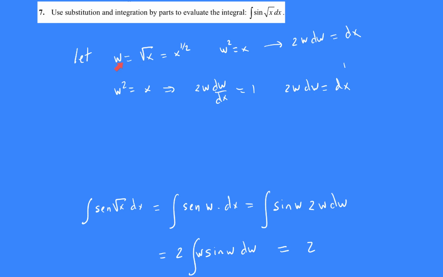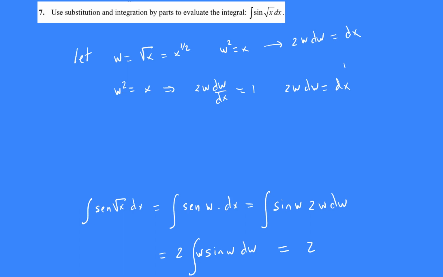We define omega to be x to the 1/2 because omega squared is x. So 2 omega d omega is dx. So the equations that we have are 2 omega d omega equals dx, and omega squared equals x.